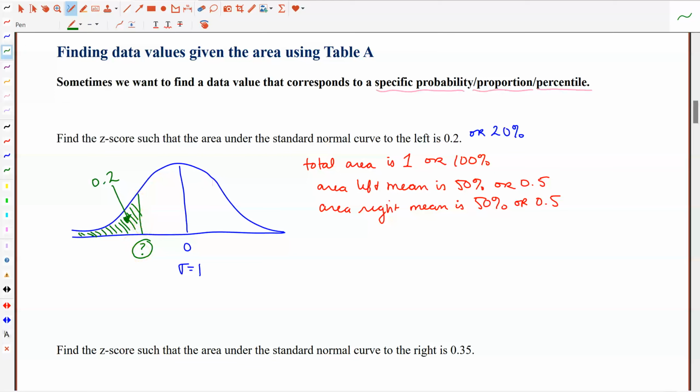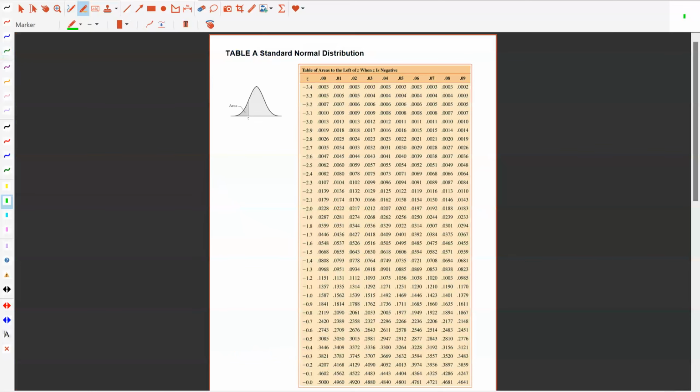All right, so to the table. Now remember, when you're looking at this table of values, the areas are what is given in the heart or the center of the table. And what you're going to be finding along the left edge and across the top are your z-scores. On the problem that we're looking at right now, I'm giving you the area and I want you to find the corresponding z-score.